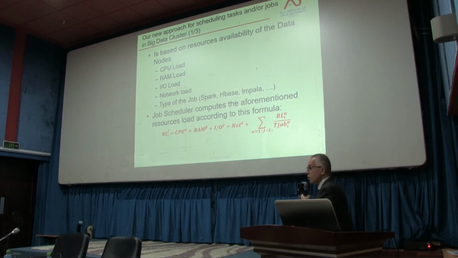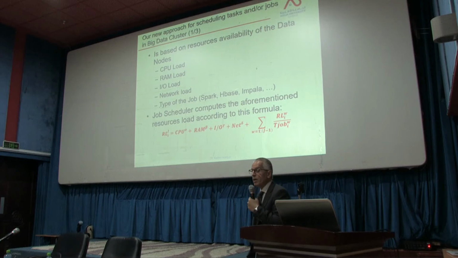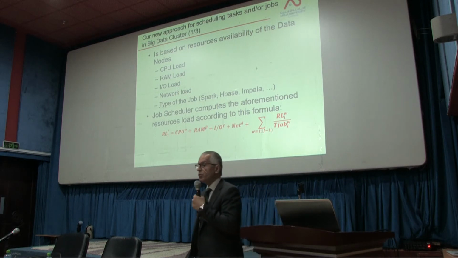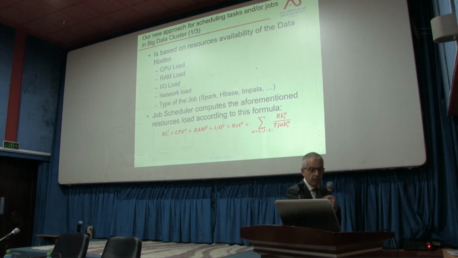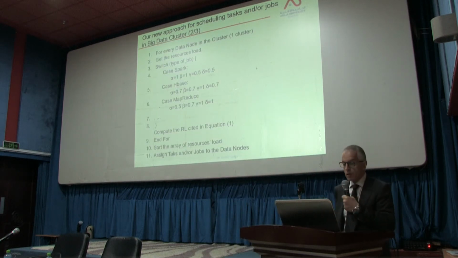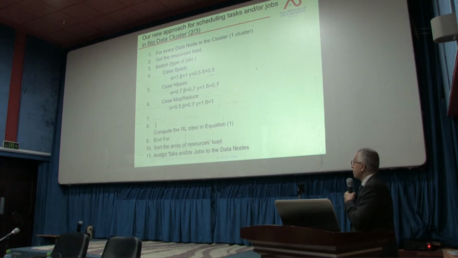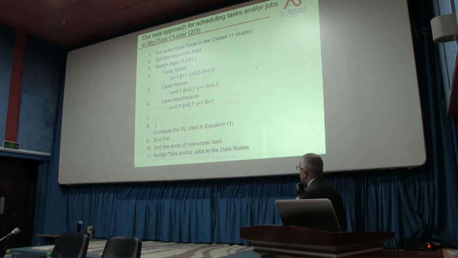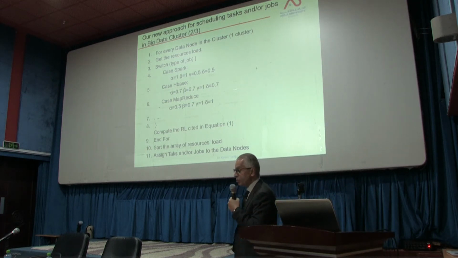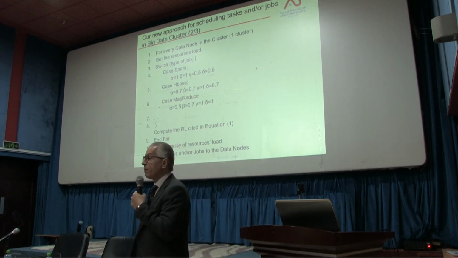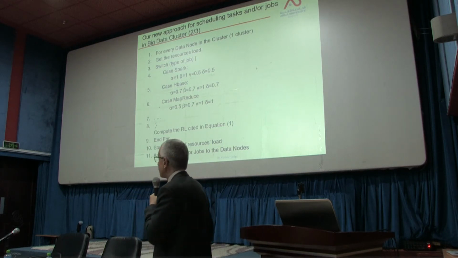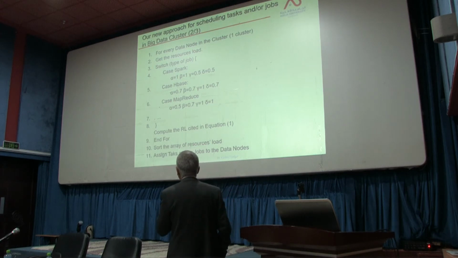And we want to know also from the history of every computer in the cluster. So we came up with this algorithm, and thanks to research that I will talk about later on, we came up with these values according to the job and the type of the job.